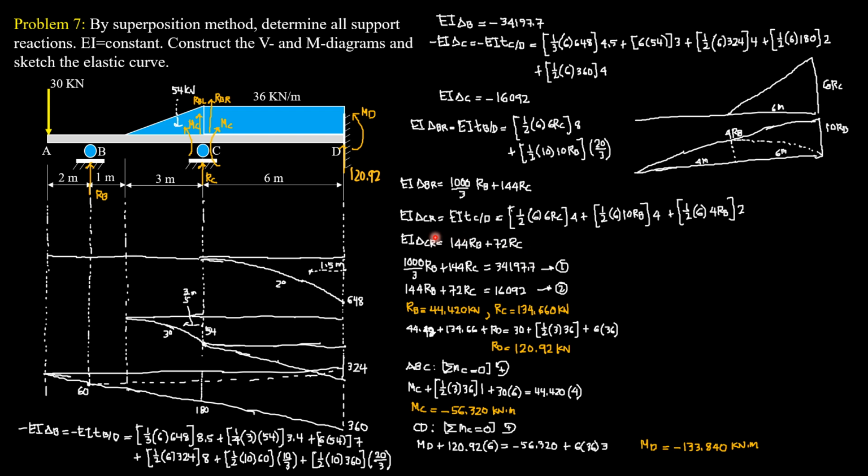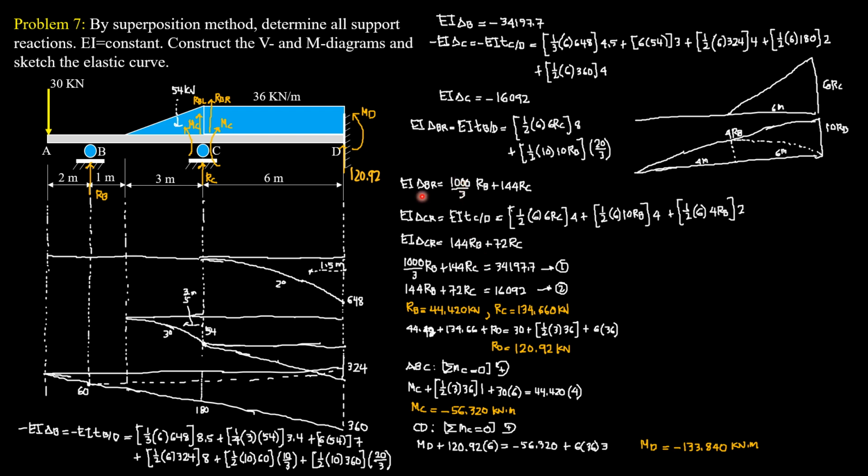EI delta BR plus EI delta B should be 0 because the supports do not settle. But if we transpose EI delta B to the right, it becomes positive.